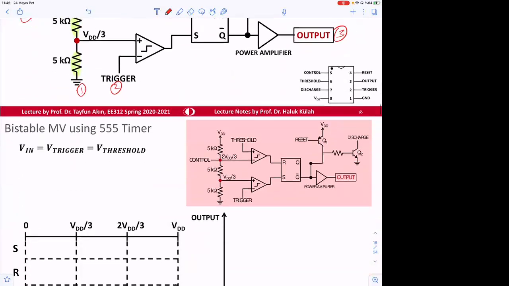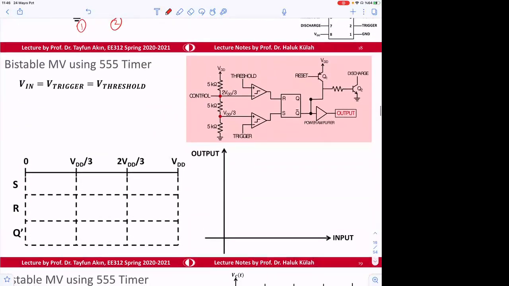We will look at how we can obtain a bistable multivibrator using this circuit. When we do that, we will understand that what we have here with this kind of circuit is again a kind of Schmitt trigger. Depending on the signal, we can see the operation.